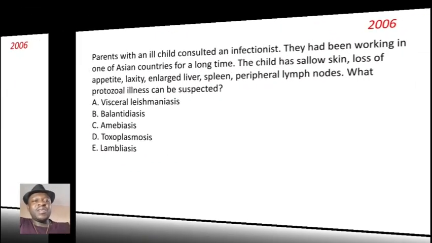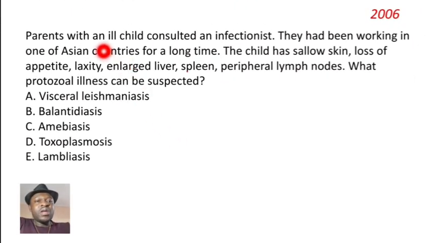Next question. Parents with an ill child consulted an infectionist. They have been working in one of the Asian countries for a very long time. The child has sallow skin, loss of appetite, laxity, enlargement of liver, spleen, and peripheral lymph nodes.